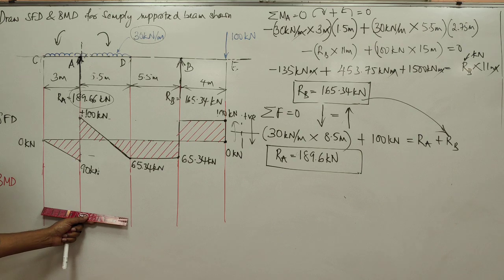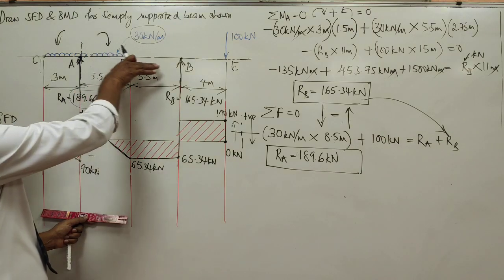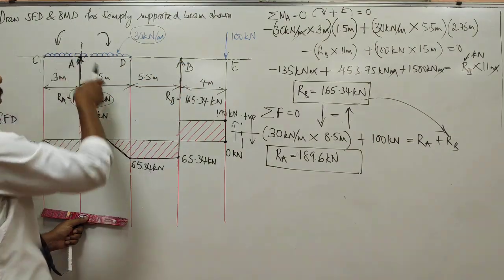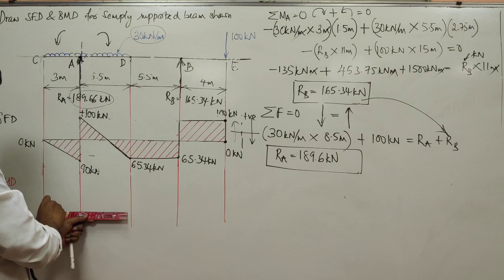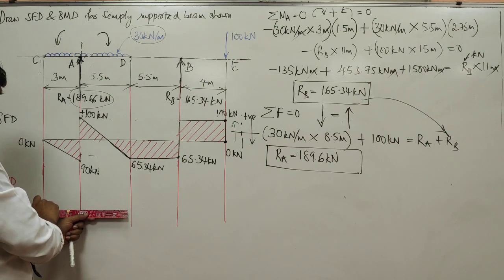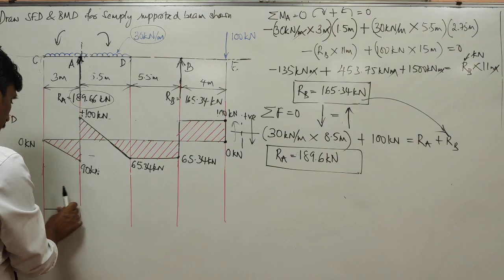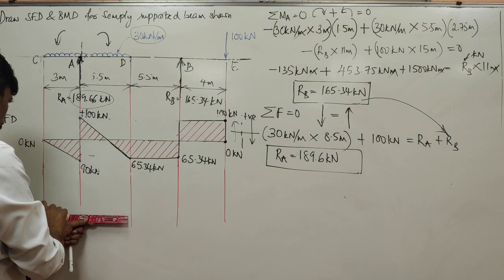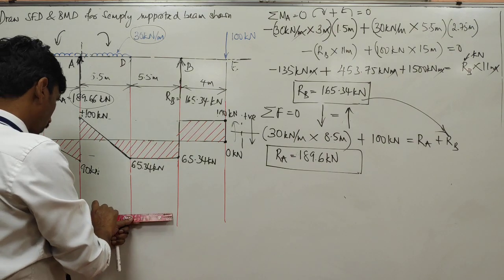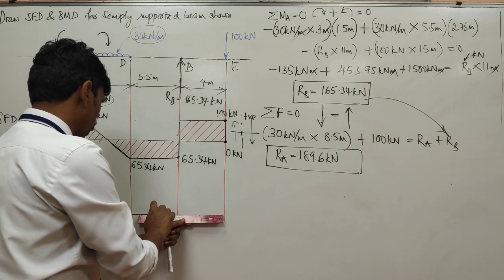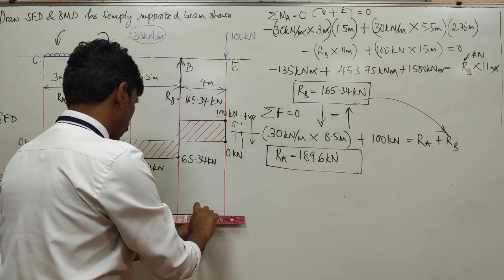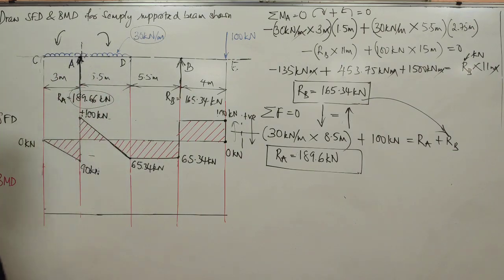Will this have sagging or hogging? It will have both sagging and hogging. So the center part will sag, these sides will hog. So you have to have some space above the zero line. So this is the zero line that I am drawing. Let me draw the zero line a little bit below. Okay, so this is the BMD.